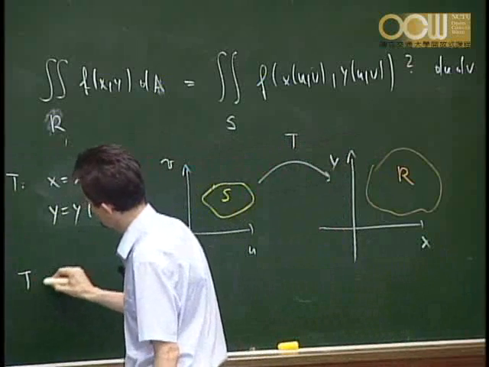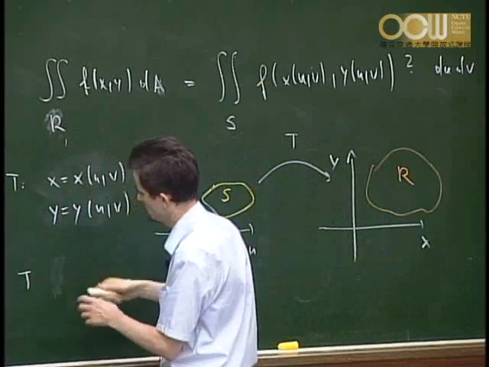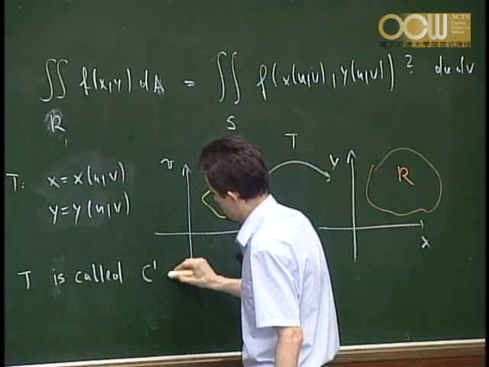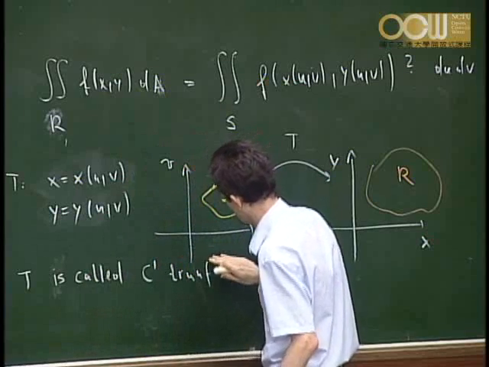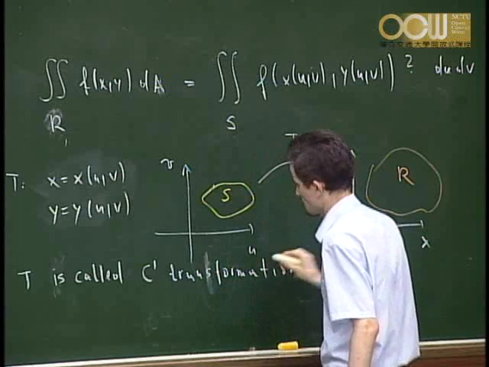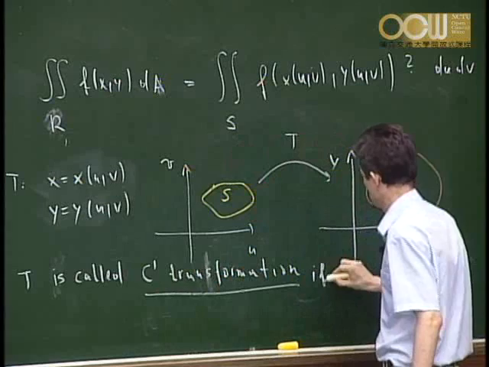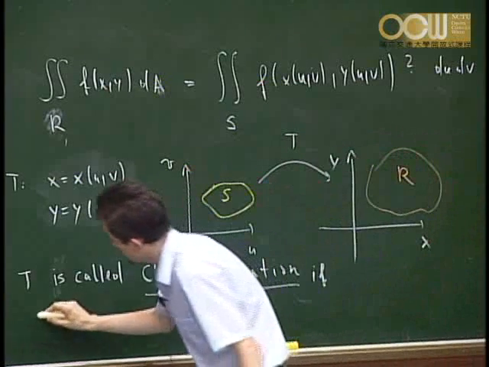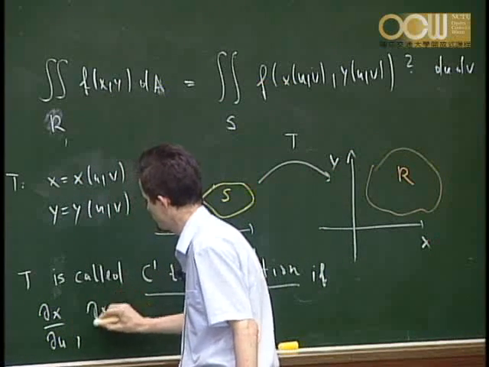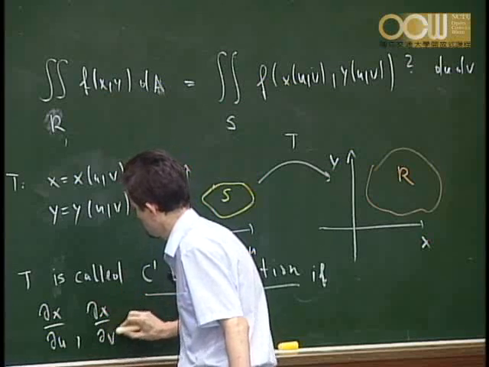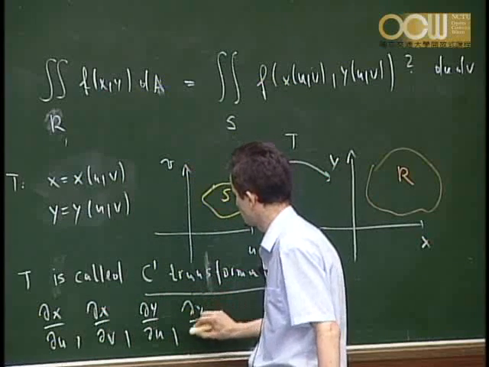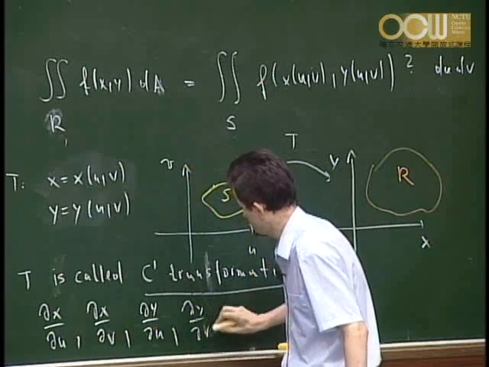T is called a C1 transformation if the four partial derivatives, the partial derivative of x with respect to u, of x with respect to v, of y with respect to u, and of y with respect to v, all exist and are continuous.